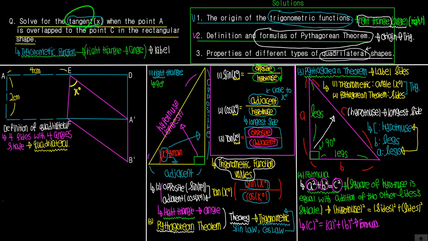We know that the most important things in our trigonometric function are our right triangle, angle, and then the label. So firstly, let's label every single size we can in order to get more information from it. Well, the most important thing about our properties, so we can call the fifth one the property. The properties are in this parallelogram. And what is a parallelogram?